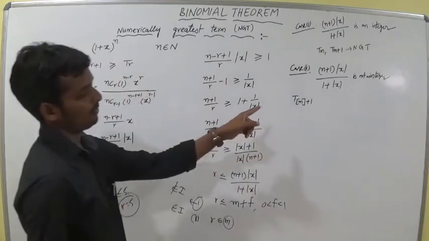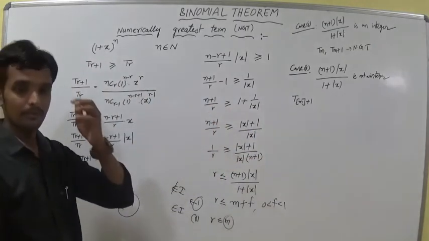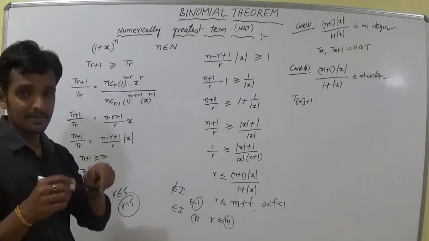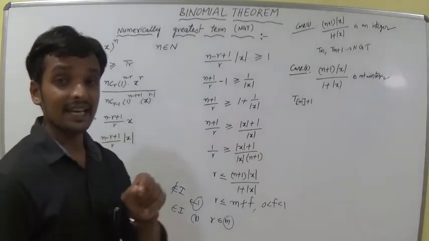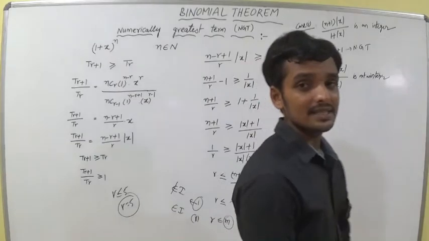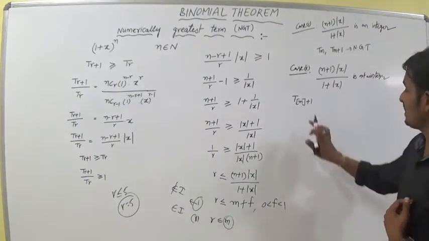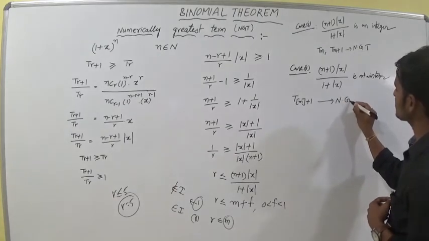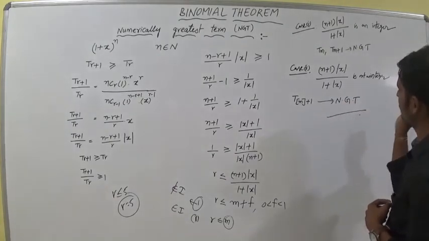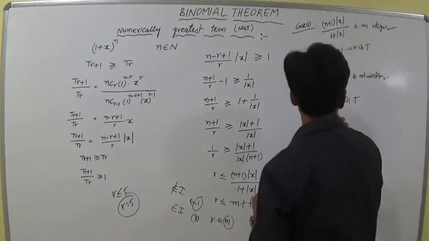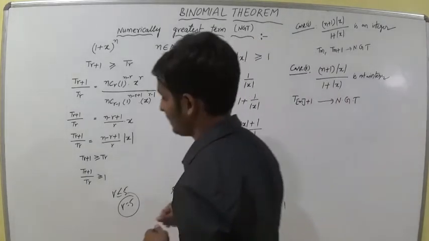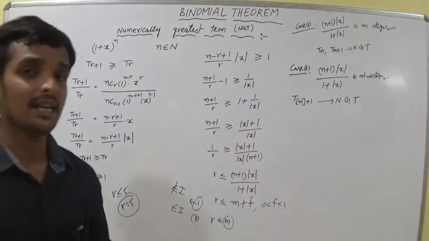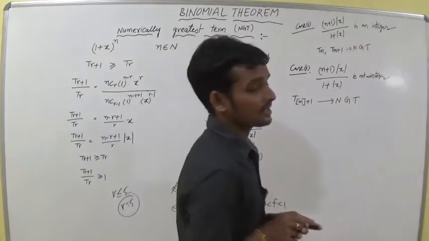I wrote m, but I kept it in brackets. The greatest integer of m, plus 1, is the numerically greatest term.